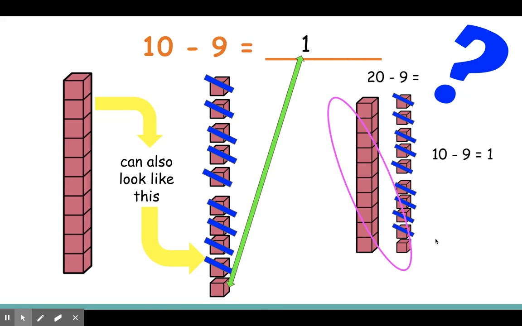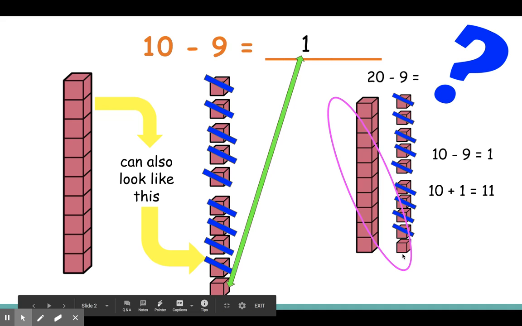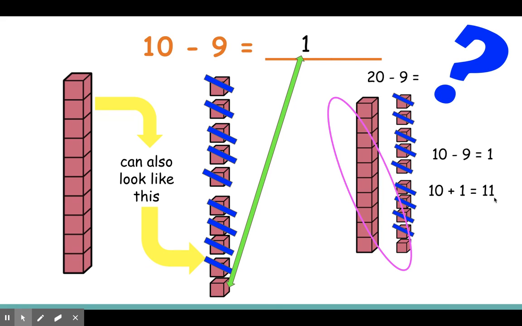Now, we can't stop there though because remember we had 20 this time. So we still have this 10 stick over here and we have this 1 left at the bottom. We need to add those together. So we take the 10 and we add the 1 that was left over after we subtracted 9, and together we get 11. That's our answer. 20 subtract 9 equals 11.